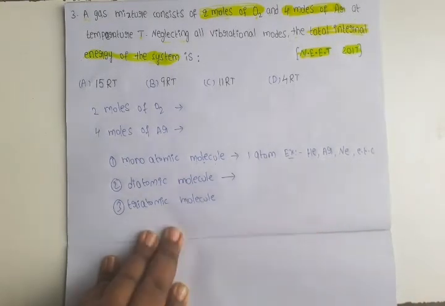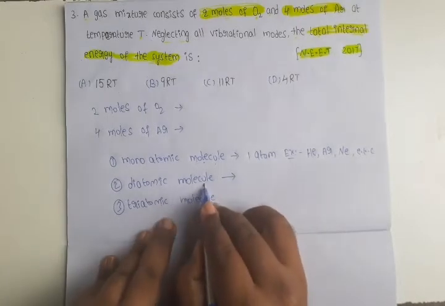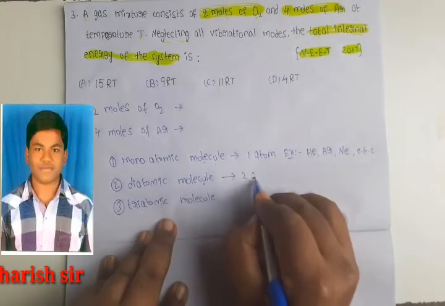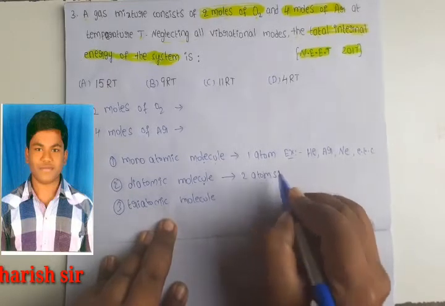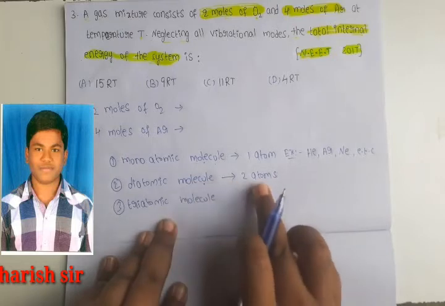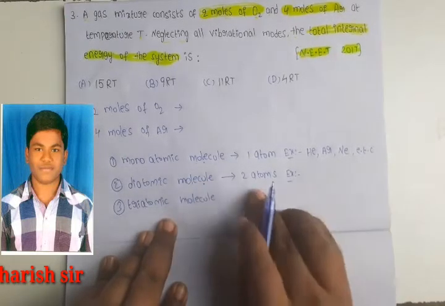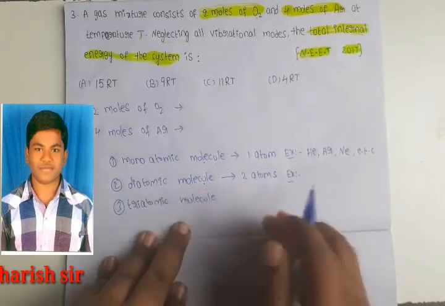What about the diatomic molecule? This is also a molecule, it contains two atoms. Di means two. A molecule which contains two atoms is named a diatomic molecule.